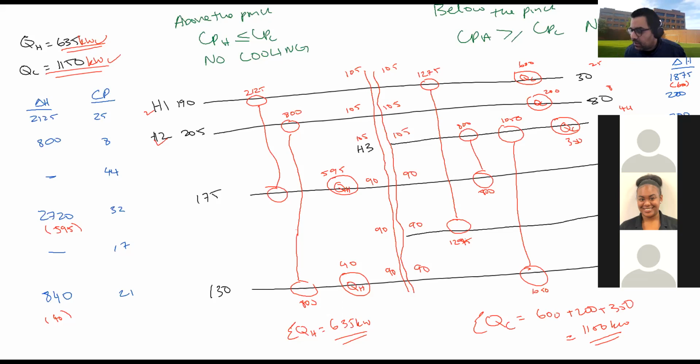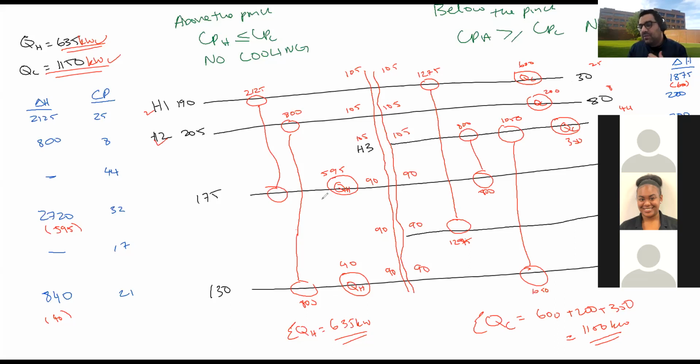Of course, as we've seen, or as we're discussing this, we have a bunch of alternatives. So you can have a variation of this network. So if you want, you can connect H1 to maybe C3 and then have a bigger cooler on this stream, or you can connect H1 to C3 here as well and have a bigger heater on this stream.